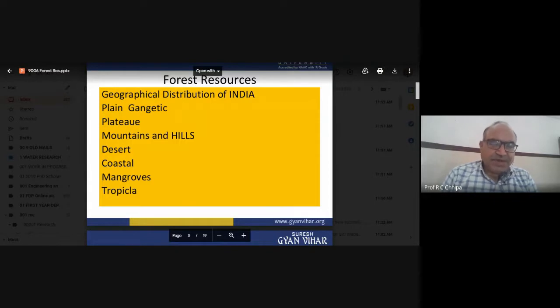So coastal, then mangroves. Then we have the tropical region, which is also a plus point. Therefore, all of those are related to environmental conditions.